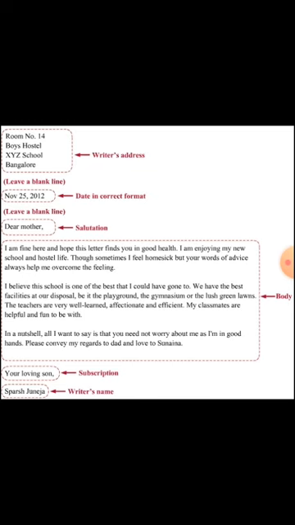Below that, the complimentary close should be yours truly, or your loving son in this case, or your loving friend, affectionate friend, or something like that. And below that we write the writer's name.